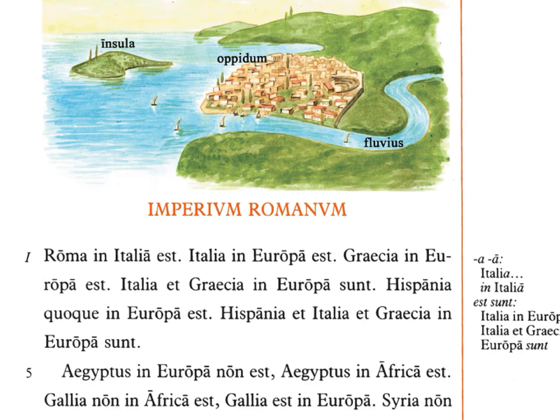So watch out for that, and you will see it again in other prepositional phrases as well. So Rome in Italy is, change it around in English, we need to use the word order Rome is in Italy. All right, next sentence.